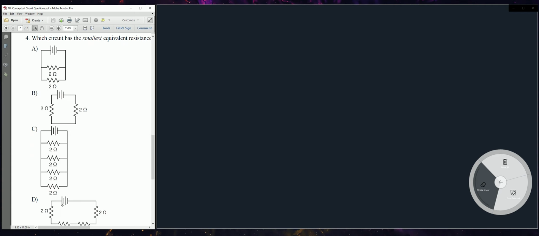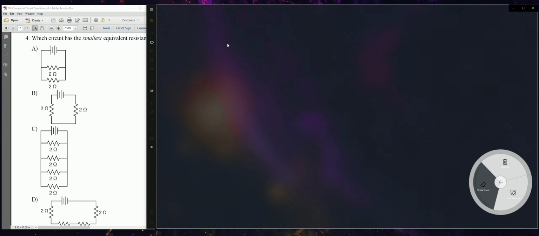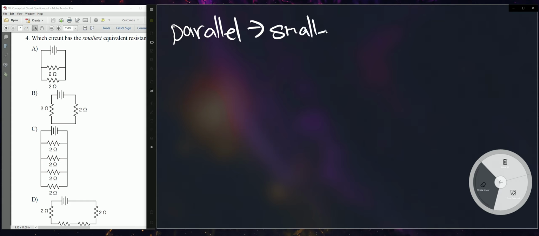So again, you don't really even need to do math for this. You just need conceptual understanding. Which circuit has the smallest equivalent resistance? You want parallel circuits, because parallel circuits give you the smallest resistance.